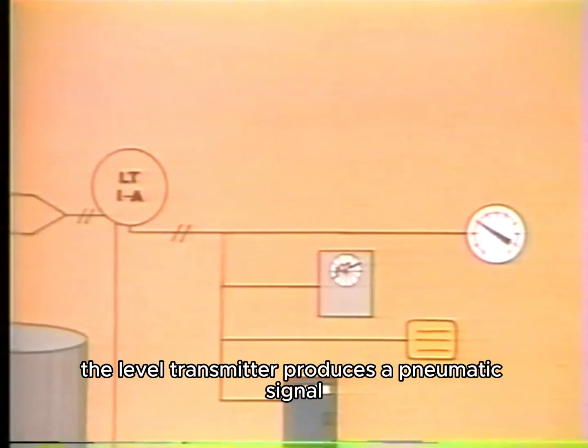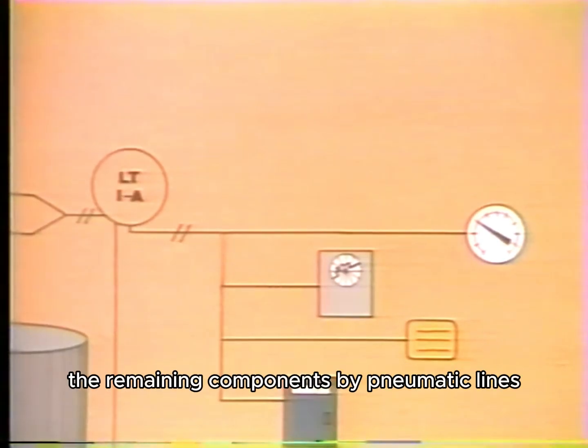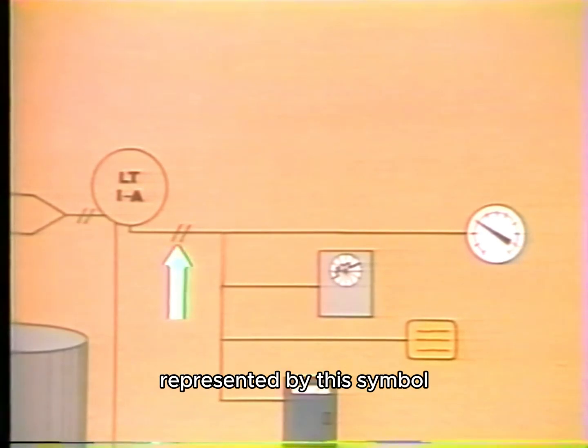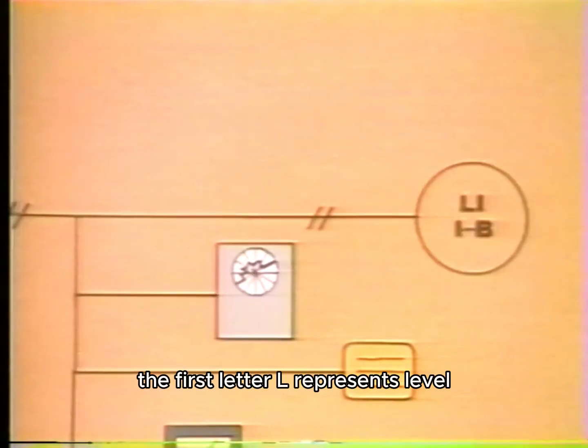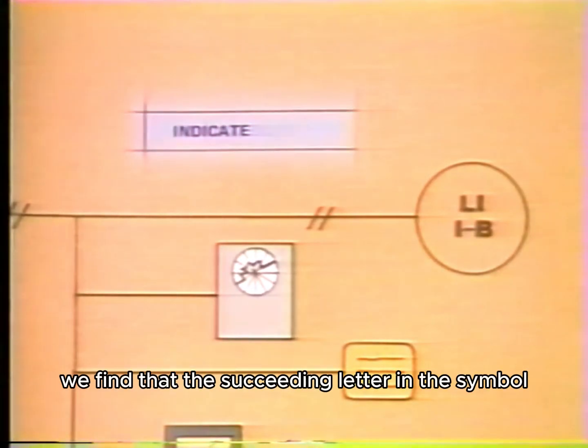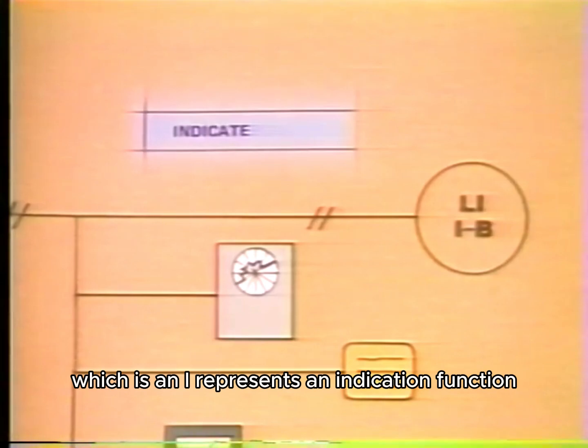The level transmitter produces a pneumatic signal which is connected to the remaining components by pneumatic lines represented by this symbol. This symbol represents a level indicator. The first letter, L, represents level. Using the legend, we find that the succeeding letter in the symbol, which is an I, represents an indication function.